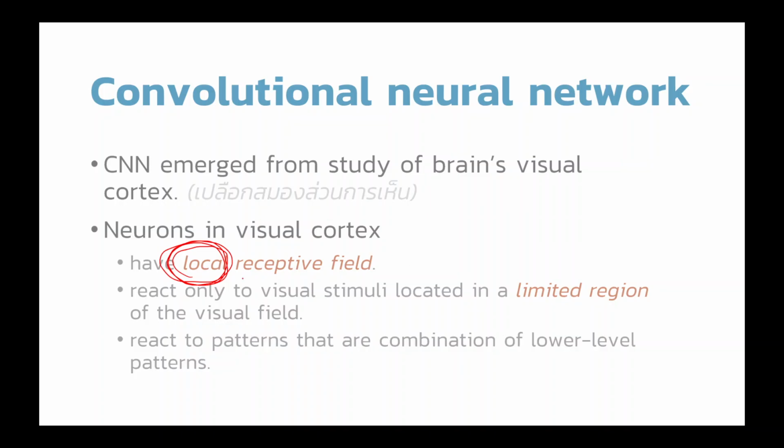When we see things, we only see a limited region. That's another keyword. From this limited region, we have the ability to detect lower-level patterns, like edges, curves, things that are black and white. So we don't see the dog at once.